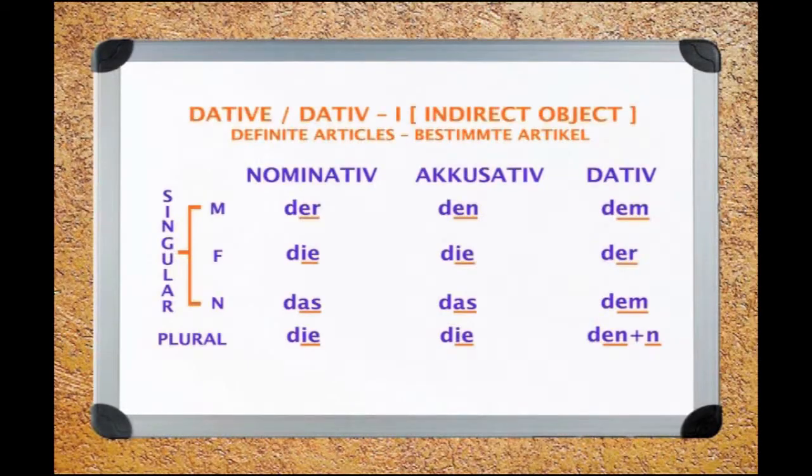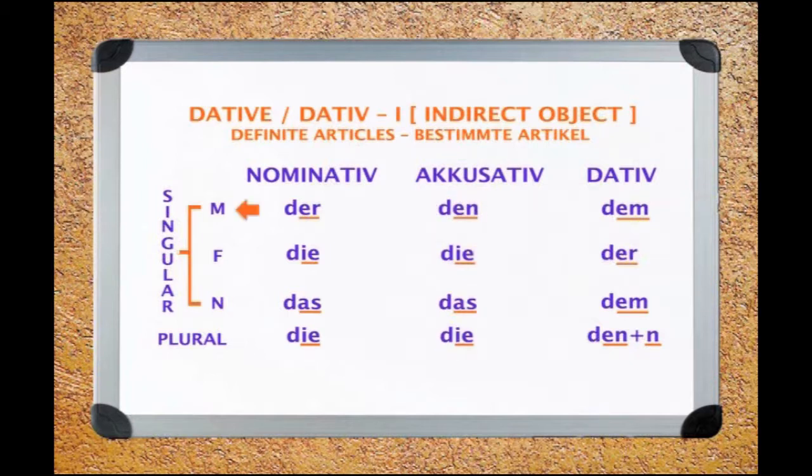Now, let us look at how dative functions for the bestimmte article, or definite article, in German. You are already familiar with the definite article in nominative and accusative. You know the definite articles are der, die, das and die in nominative, and in accusative we have den, die, das, die.